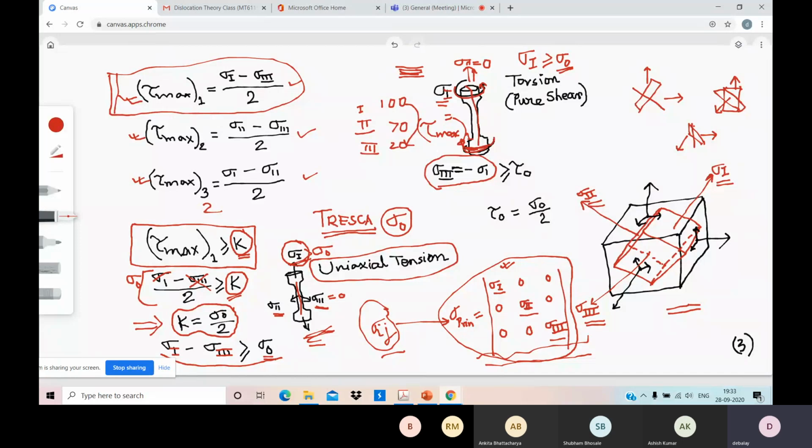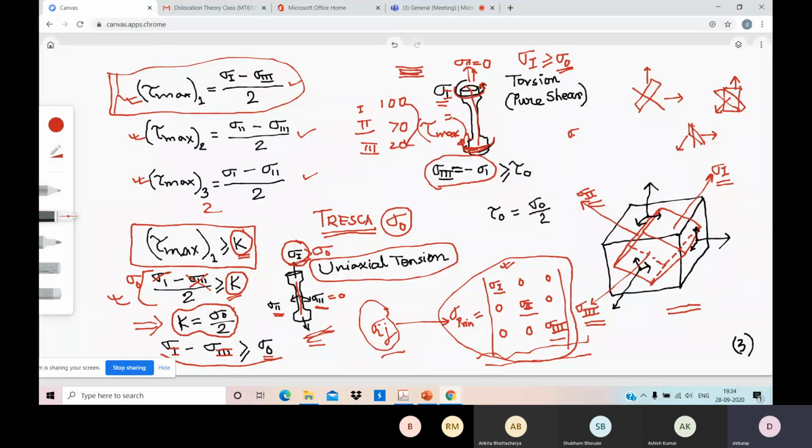So then the situation will be different. You need to apply higher sigma 1 to get this kind of criteria satisfied. So the generalized expression is sigma 1 minus sigma 3 has to exceed sigma naught.